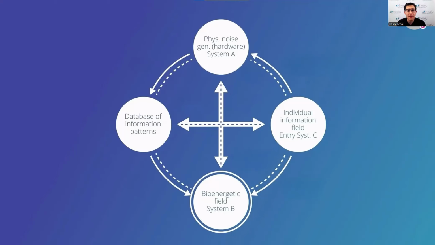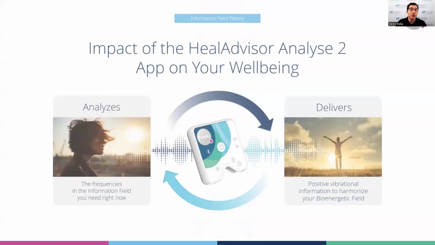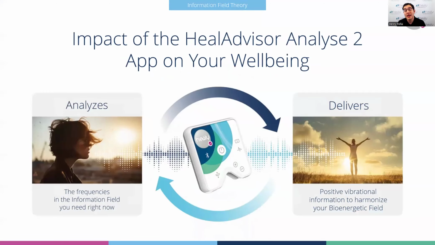Now we understand it. Then we are using that information, the one from the information field plus the one from the database of information patterns, and it's being sent to the bioenergetic field, and ultimately, through our own reflecting on those results that we get, plus those positive vibrational information that will be sent to you. That's how you get benefited by the HealAdvisor Analyse 2 app.